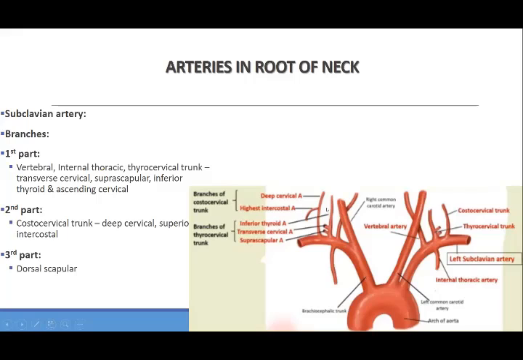Okay, sorry, ascending cervical. Ascending cervical and inferior thyroid are the 2 terminal branches. इसमें सिर्फ inferior thyroid दिखाई हुई है, ascending cervical इसमें नहीं दिखाई हुई. Please remember the names of these arteries, branches of subclavian arteries. आपको और कुछ भी नहीं अगर पूछे ना तो ये ब्लड वेसल्स के नाम जरूर पूछ लेते हैं.